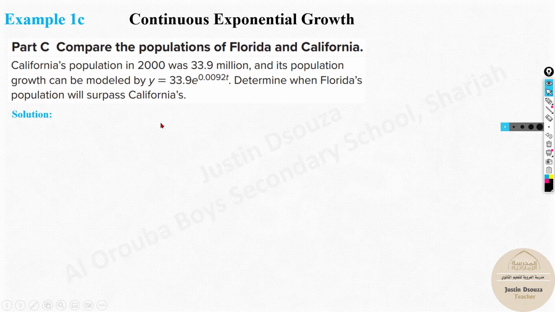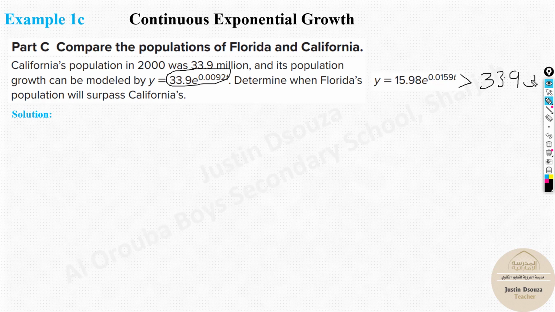So what you need to do is, see, this equation is there, right? We need to just find the equation which is known for us, say Florida's equation, that is over here. Only this part, when will it be greater than 33.9 e to this equation. So this is what we will have to solve.